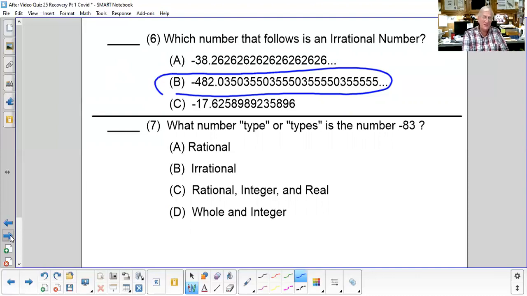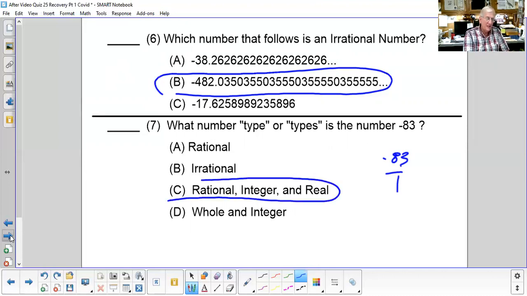You can express this as negative 83 over 1, right? So it's definitely a rational number. And are rational numbers real numbers? Yes, they are. So the best choice for this answer is this. Pretty close to the best choice here is A, which means it's rational, but it's not the best choice. The best choice, it can be all three types, right?